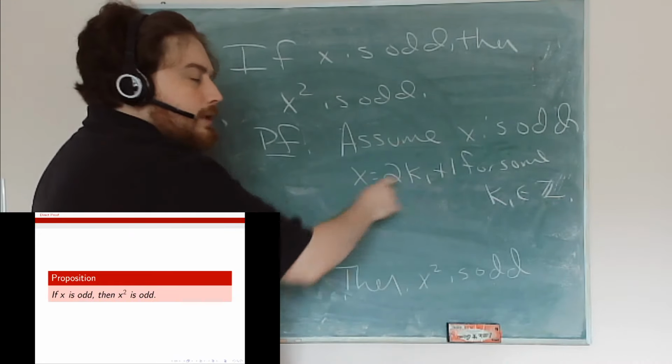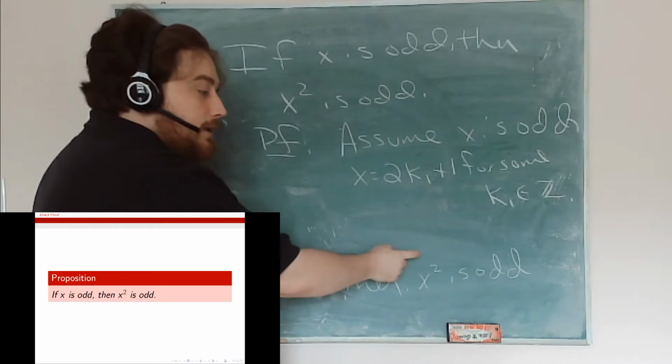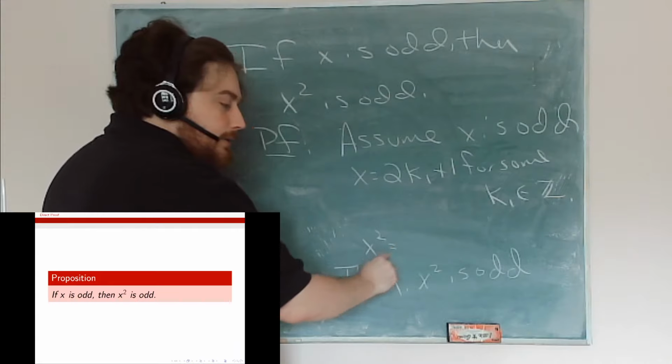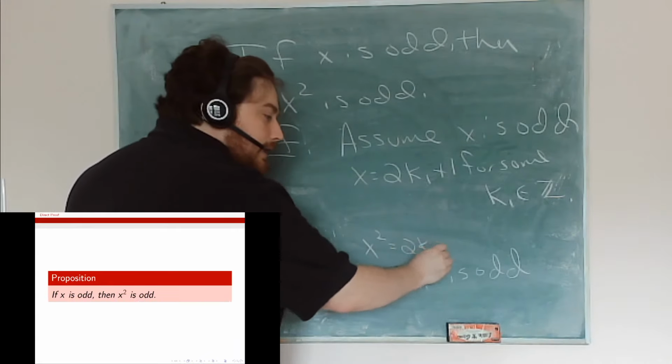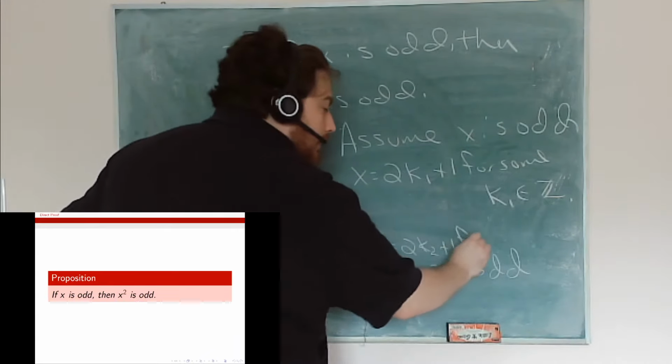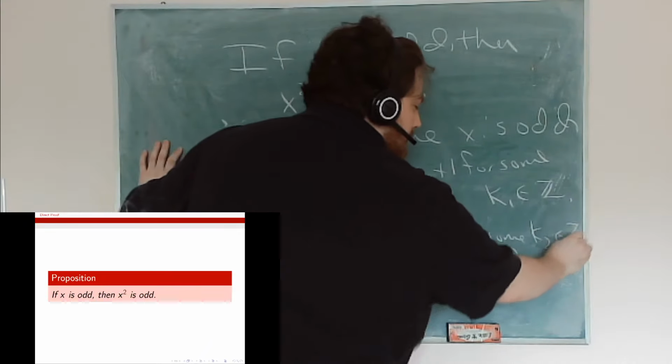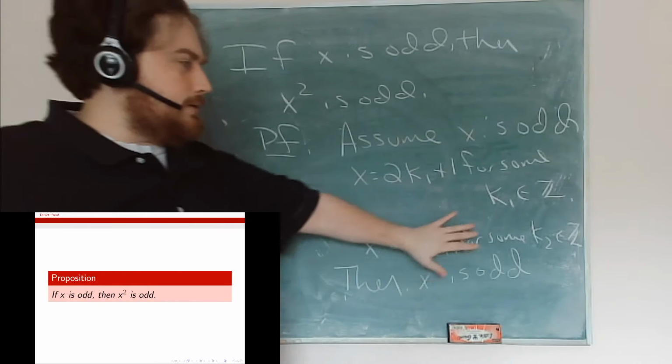And the reason why I'm using k1 here is I'm going to have to use another number down here, because if I want to show x squared is odd, I have to show x squared is 2, let's say k2, plus 1 for some integer k2.